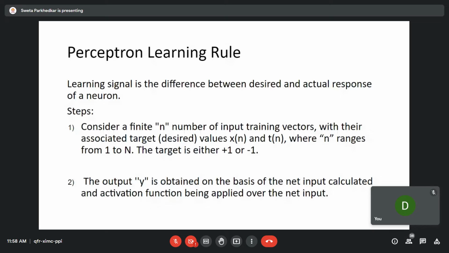And then we apply an activation function. Activation function अभी तक हमने apply नहीं किया, but after that the activation function is applied over the net input. So this is the perceptron learning rule.